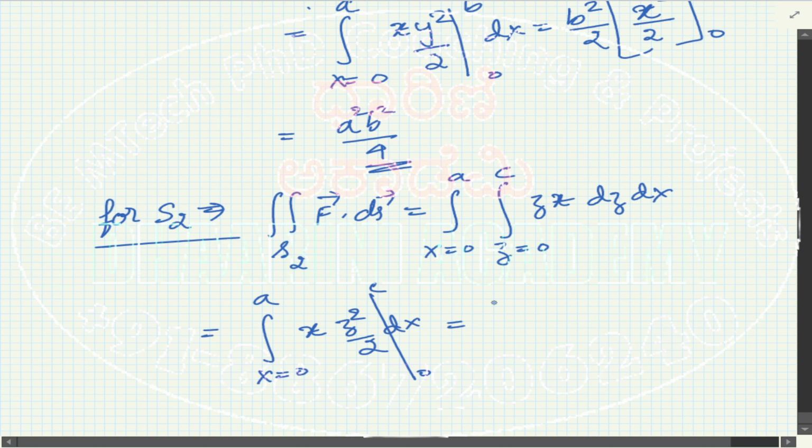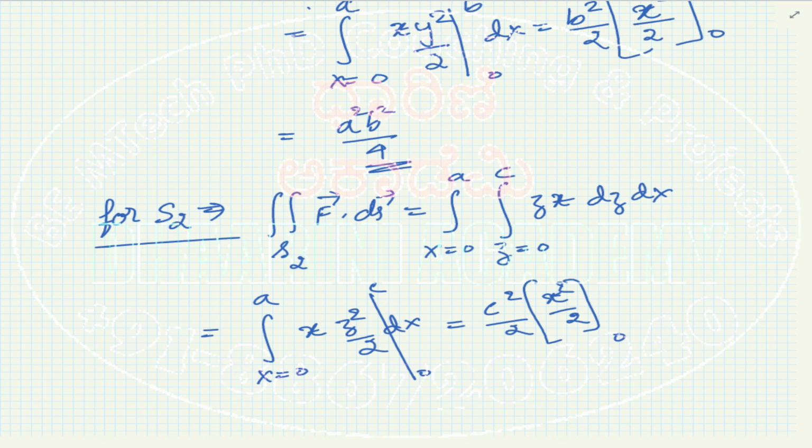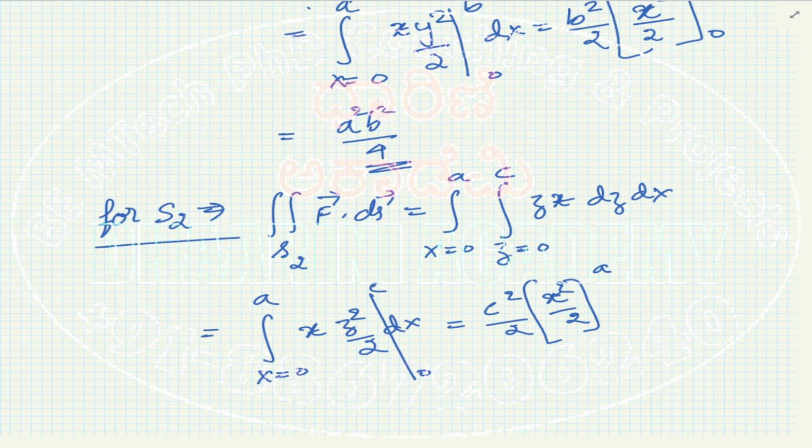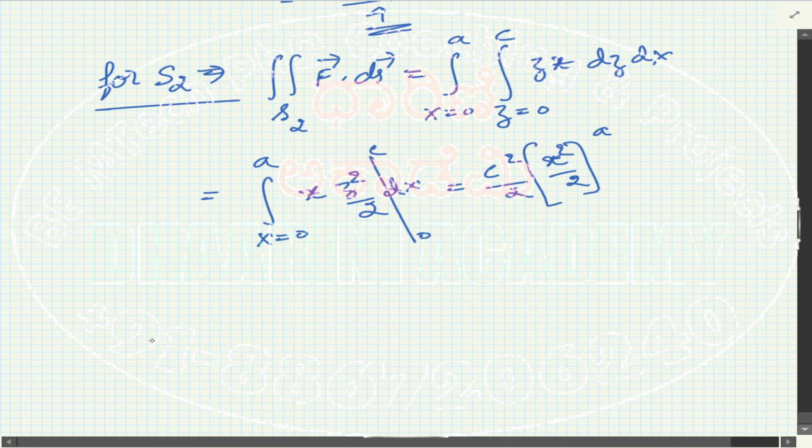So this is c square by 2 into x becomes x square by 2 and values are 0 to a. So therefore this is equal to c square a square by 4.